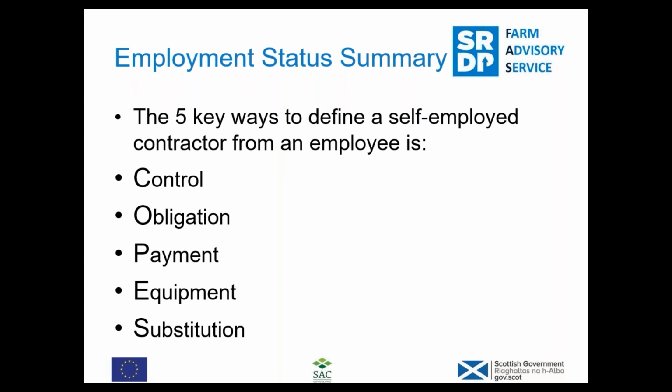But the view that HMRC take is that a self-employed person can generally send a suitably qualified individual in their place, whereas an employee will have to do the work personally. So there are lots of questions to be raised about a self-employed person sending along a suitably qualified replacement. It would obviously have to be in agreement with the farmer, and not all self-employed contractors may have a replacement that they can send. They may purely work themselves.